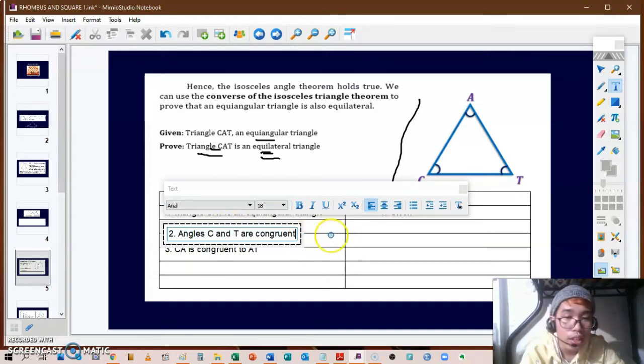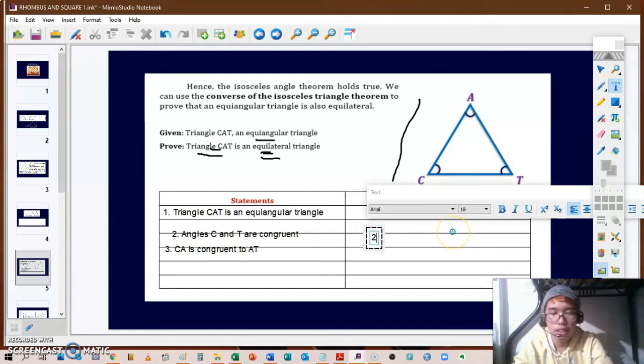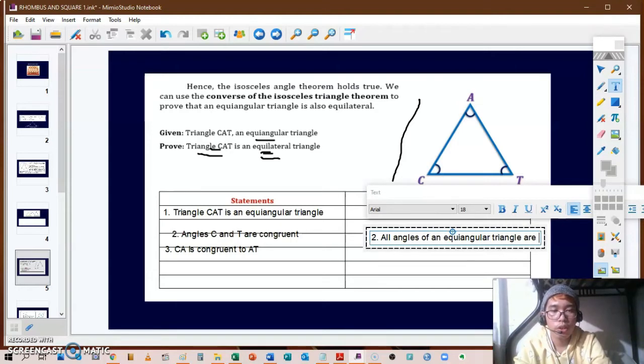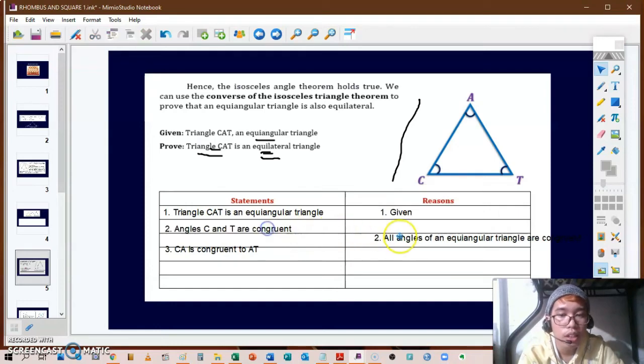They're congruent because since it's given that we have here an equiangular triangle, we can write here as our reason, all angles of an equiangular triangle are congruent. So that must mean that angle C and angle T are congruent.